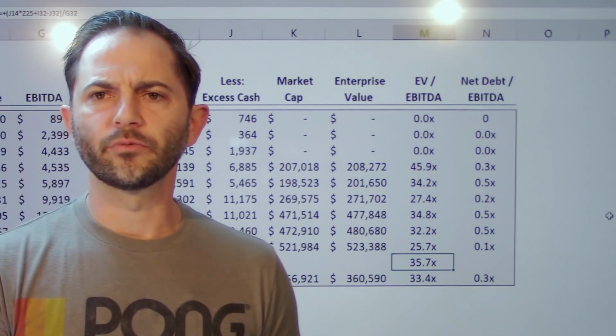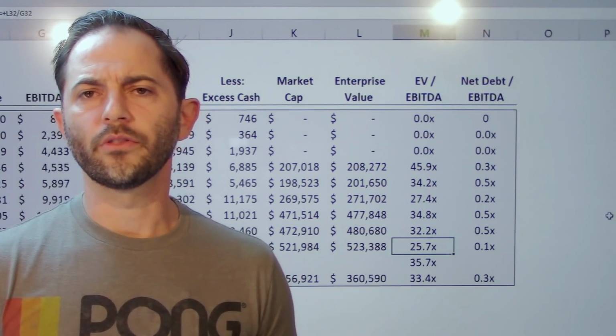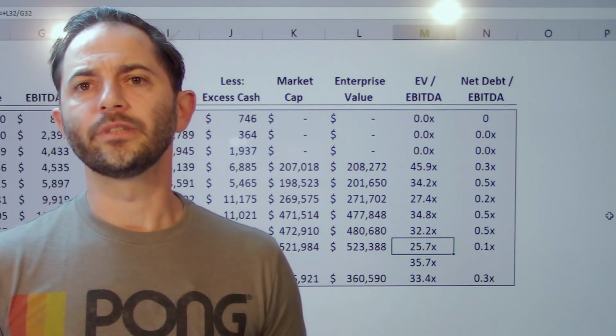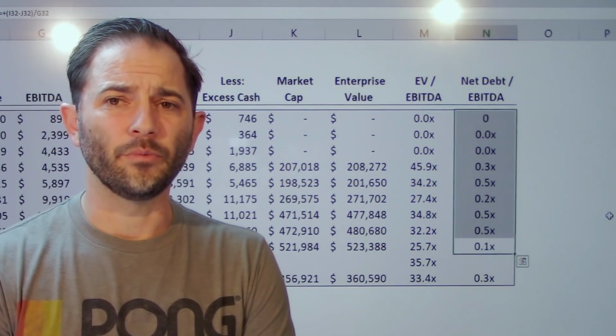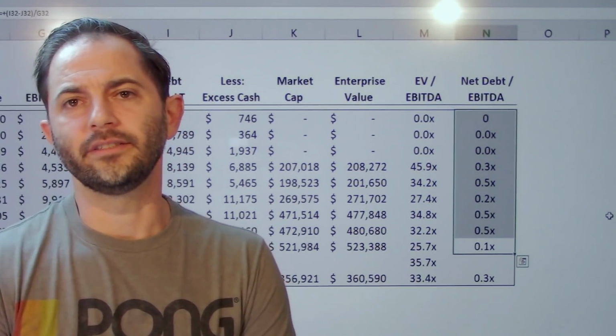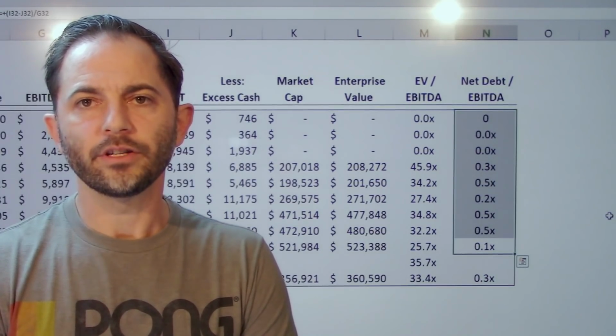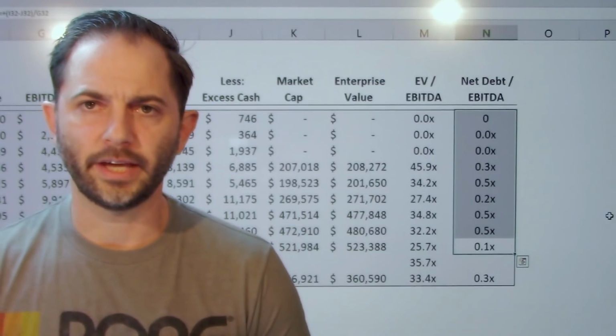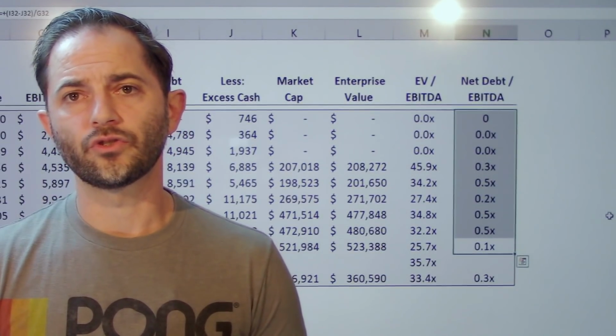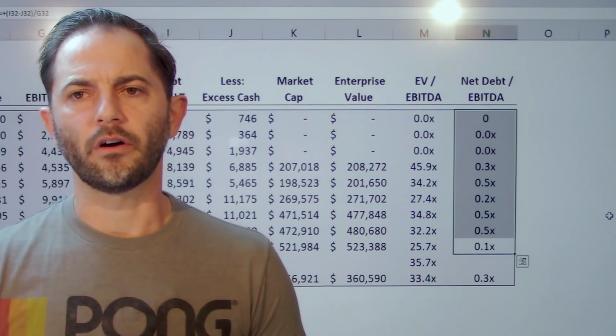Might be a little rich, given that it's traded a little lower than that at times, but it's not unreasonable for a company growing at this rate. And with debt to EBITDA effectively 0, they're in a very strong balance sheet position, growing very quickly, with lots of cash piling up on the balance sheet. Good, strong starting point for our analysis.